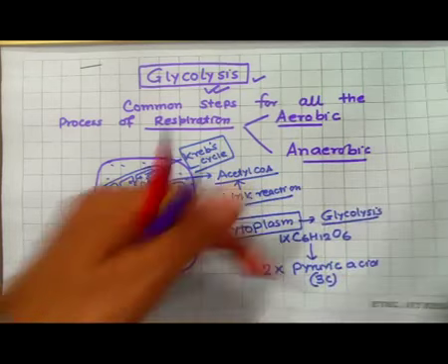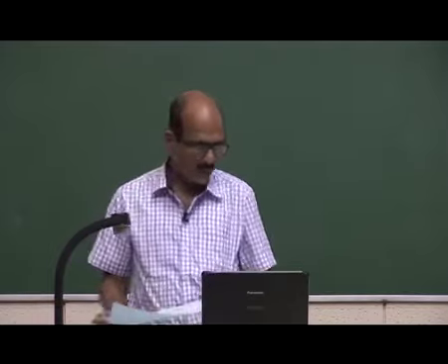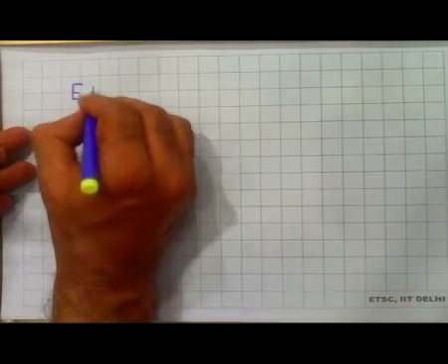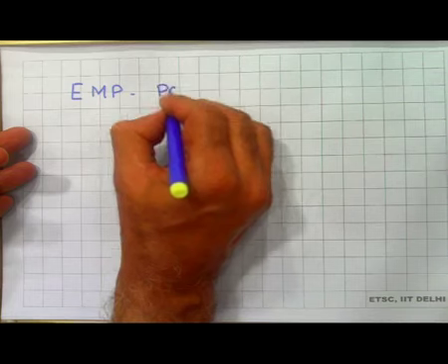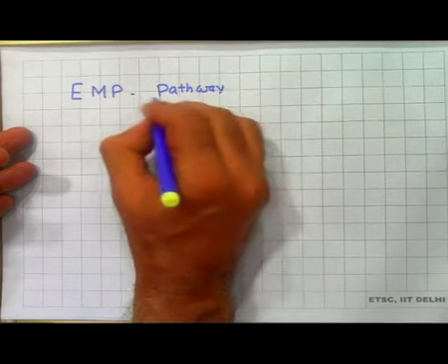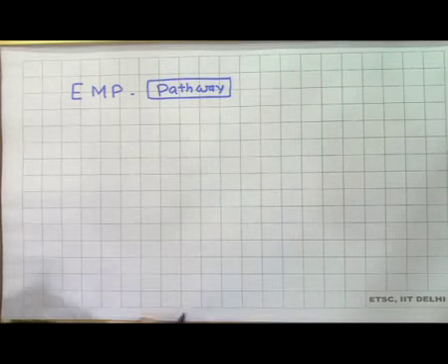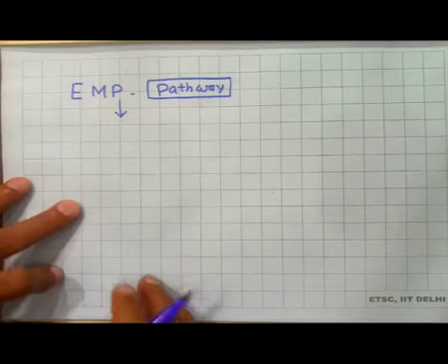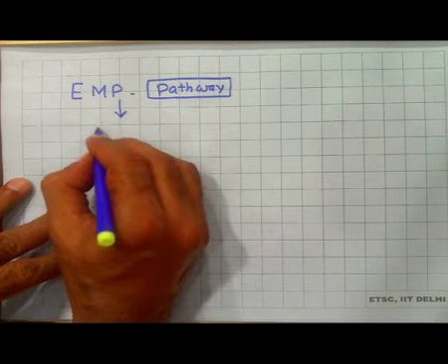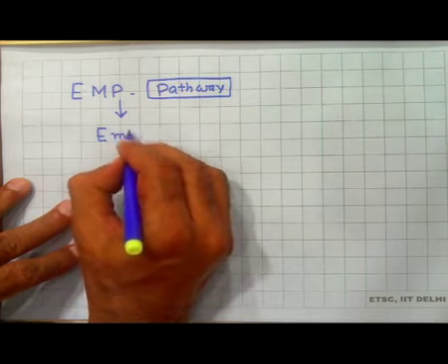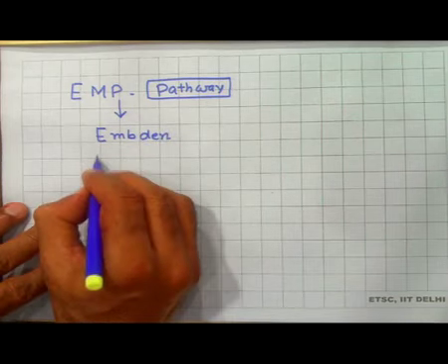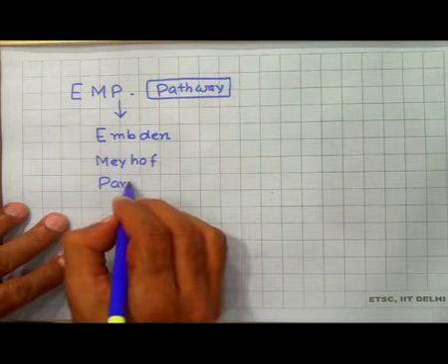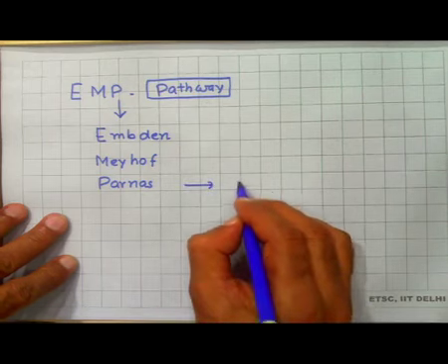Now, glycolysis is also called the EMP pathway, because details of glycolysis were given by 3 scientists, that is Embden, Meyerhof and Parnas, in 1930.